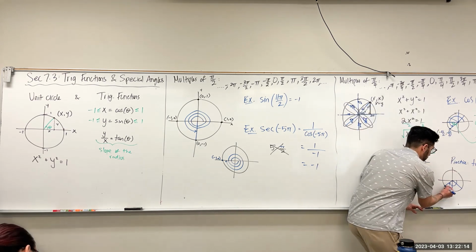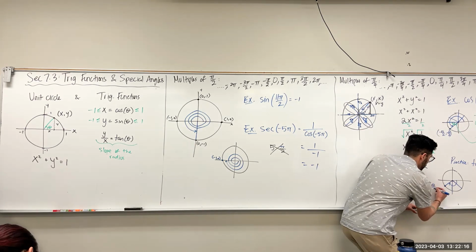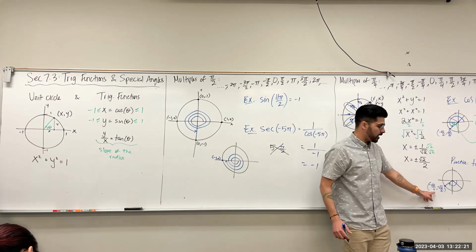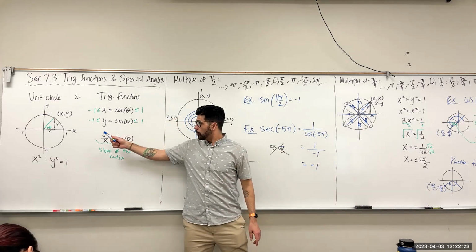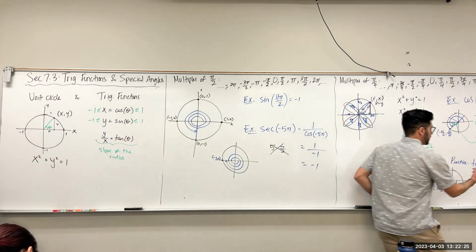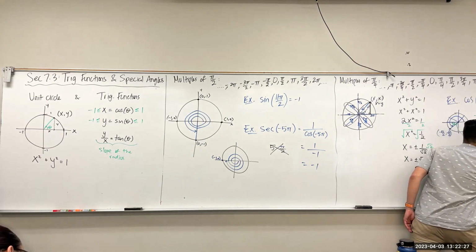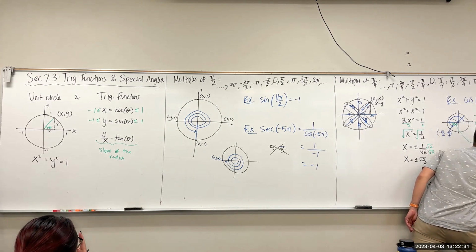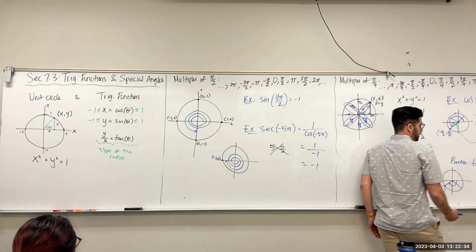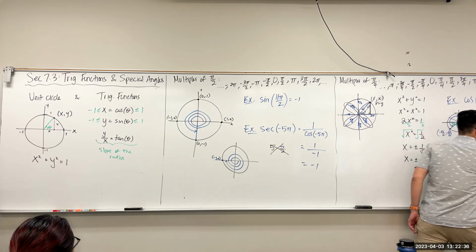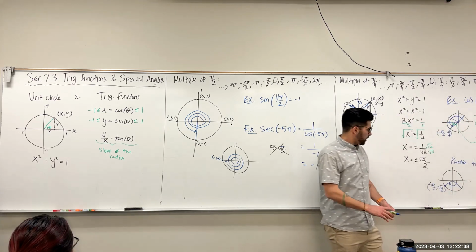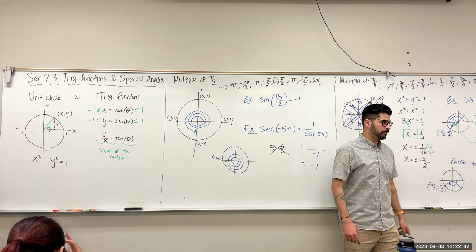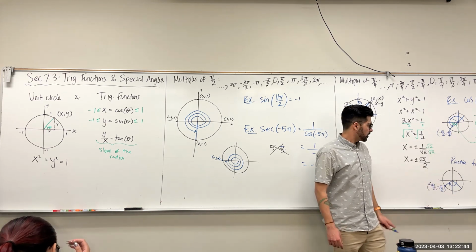And so they have the same coordinates since they end up in the same location. And so tangent would be y over x. It'll end up being 1. So that's the y coordinate divided by the x coordinate, which is exactly the same thing. So you end up with 1. And notice that means the slope of the radius is up 1 over 1, because it has the same values here.